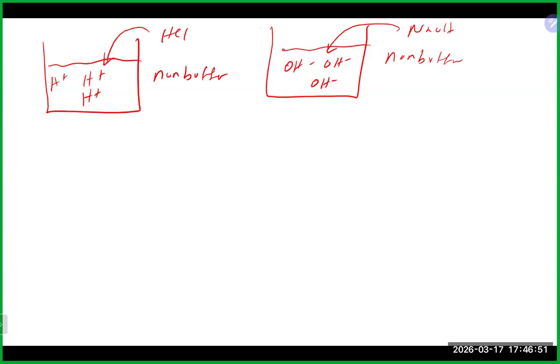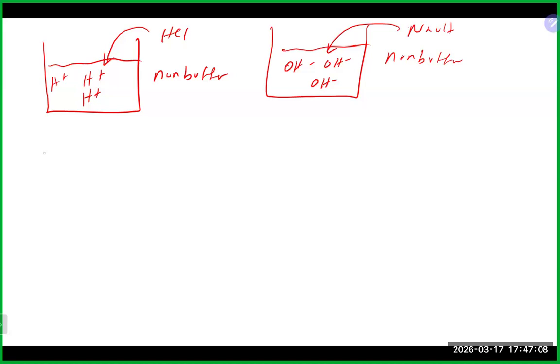And as we've talked about, the hydroxide and H plus concentration are related to each other. So as the OH minus concentration increases, H plus concentration decreases a lot. And again, you will see a pretty big change in your pH in that case.